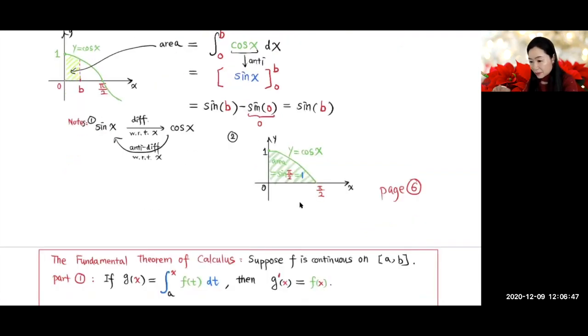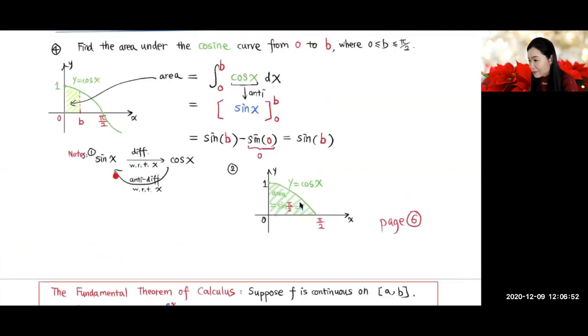Some of you might have gotten a little bit confused about this antiderivative thing. Remember, when you differentiate sine of x, you get cosine x. So when you find the antiderivative of cosine x, you go backward, so that is sine of x.